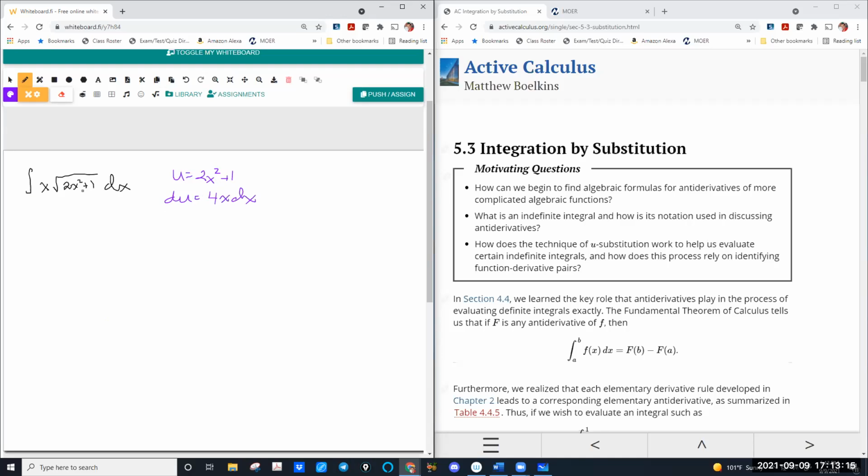Well, I need another x in there in order for this substitution to work. If this had been an x cubed, we probably wouldn't want to use u substitution. So we want to make sure that what we choose for u allows us to also get du in there.